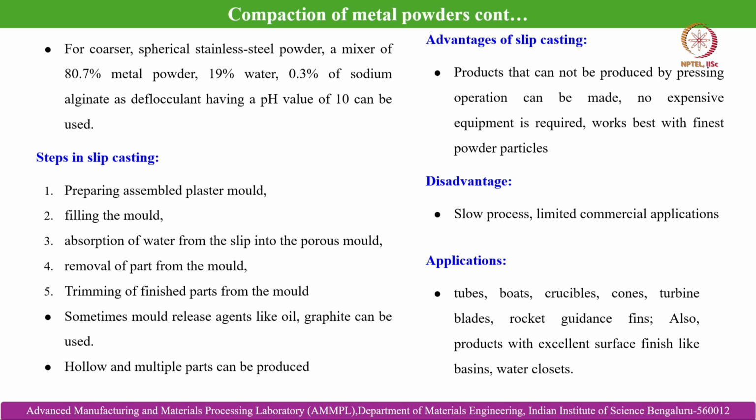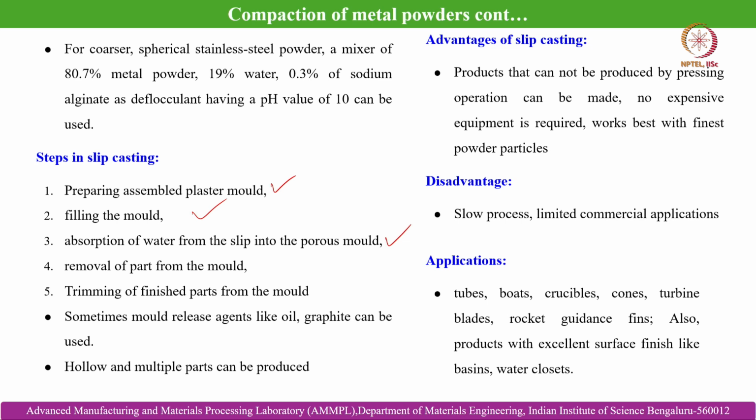So, what are the steps in slip casting? Of course, preparing an assembled powder plaster mold and then filling the mold with the slip that is prepared with the powder, the solvent and the dispersion agent, and of course by mixing with the additives. After filling the mold, the water from the slip is absorbed into the porous mold, because the porosity present in the mold acts as a sink for the water present in the solvent of the slip that is used for developing mostly ceramic parts.